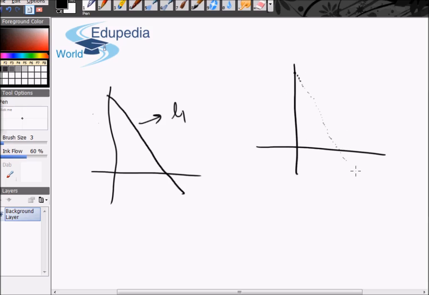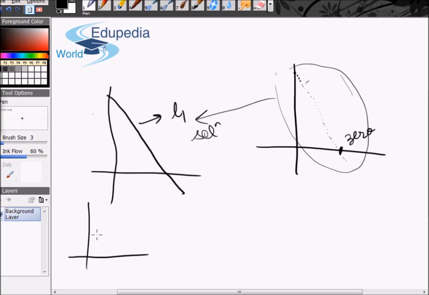All these points lie on the line. Thus, all these points are solutions of line L1, whereas this particular point where the line cuts the x-axis is known as the zero of the line.